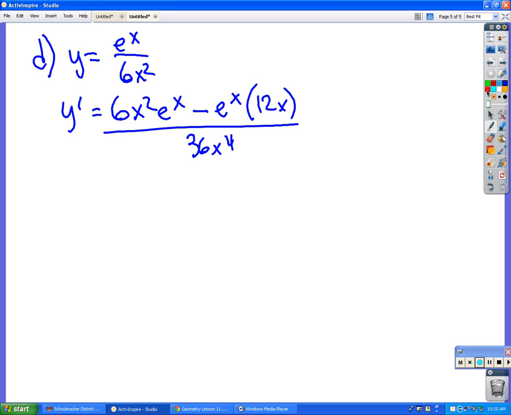And just for funnies, I'm going to say 6 goes into all of these things, and they all have at least an x. So that will make my final answer x e to the x minus 2 e to the x over 6x.